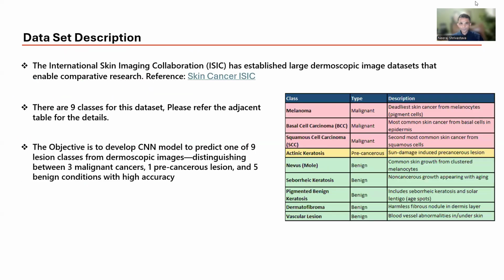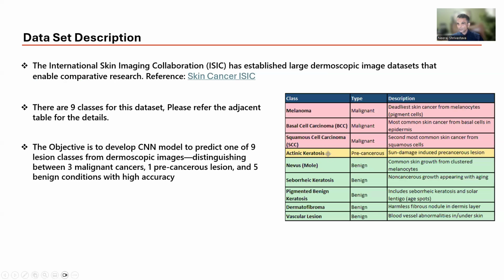Now, talking about the data set, I used a data set from the International Skin Imaging Collaboration, ISIC. It is available as part of the Kaggle data set. There are 9 distinct skin lesions, as I mentioned, out of which the top 3 mentioned here are malignant, which means they are cancerous.